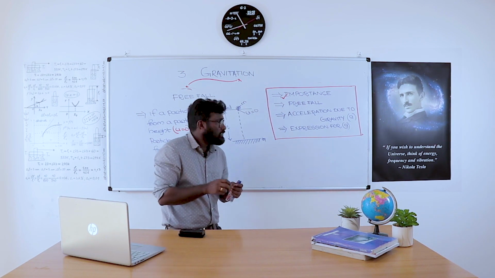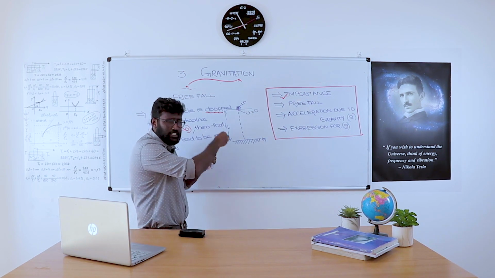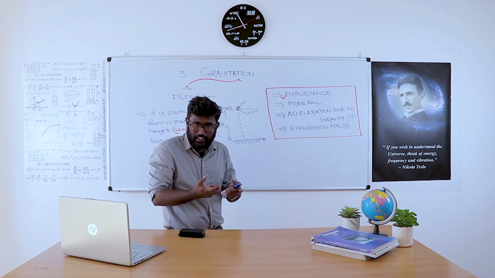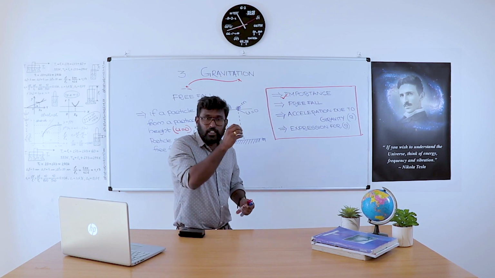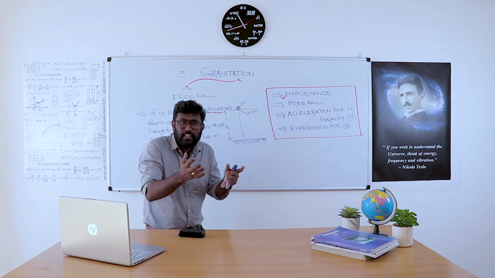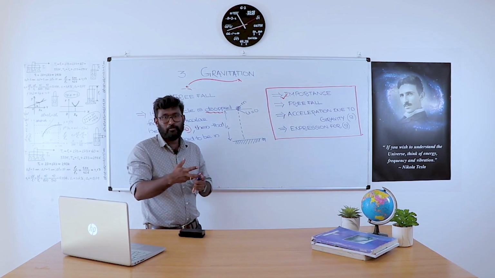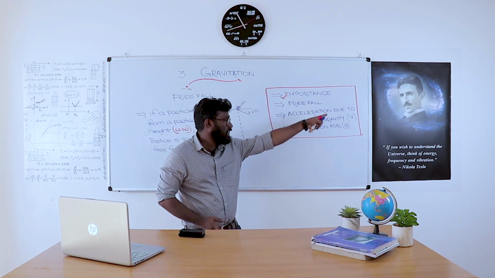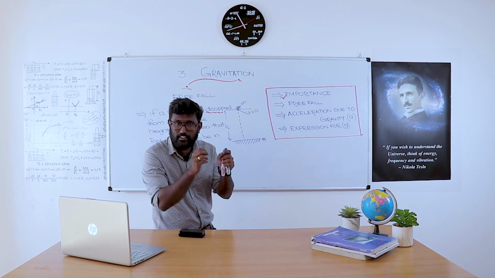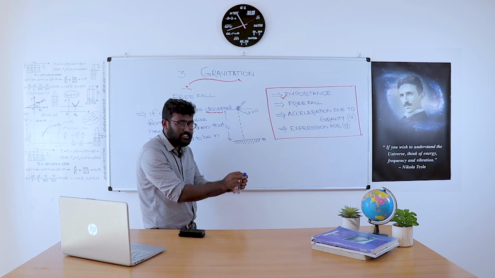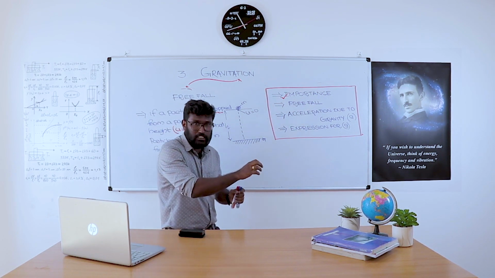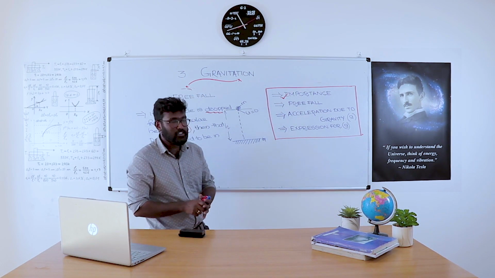And how does that particle reach the ground? Is there any acceleration acting on the body? Yes, there is an acceleration acting on the body. That acceleration is called acceleration due to gravity. But the initial velocity of the particle is 0.